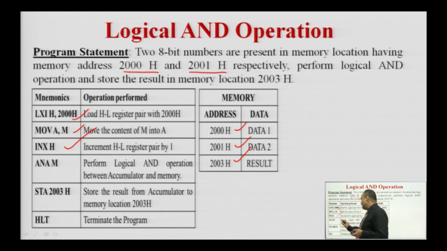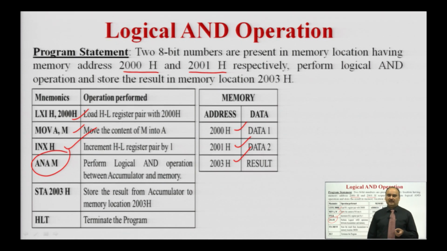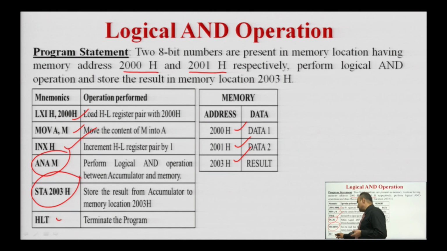Then we perform the logical AND operation with the help of instruction ANA M. Whenever the microprocessor executes this instruction, it performs logical AND between the content of the memory location and the content of the accumulator and stores the result into the accumulator. Then with the help of instruction STA, the content of the accumulator is stored into the memory location having address 2003H, and finally the program terminates. This way we perform the logical AND operation.